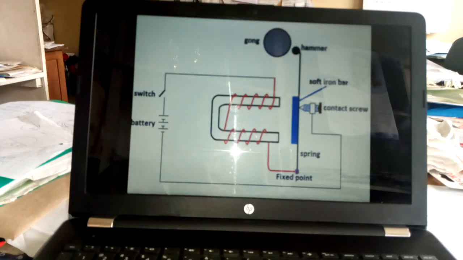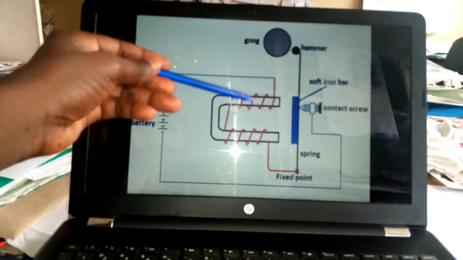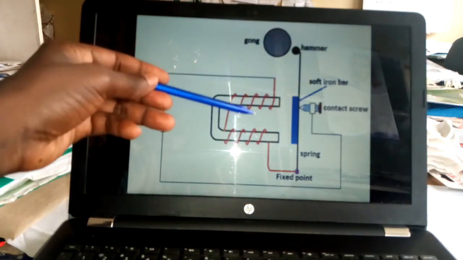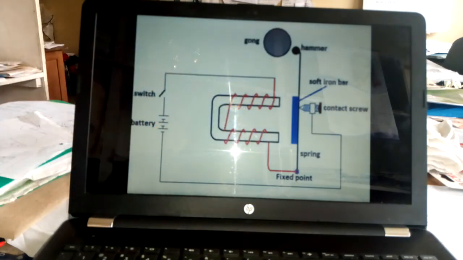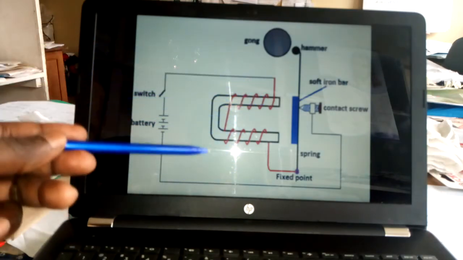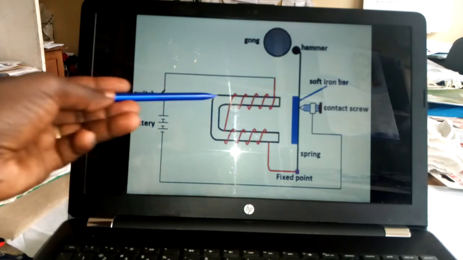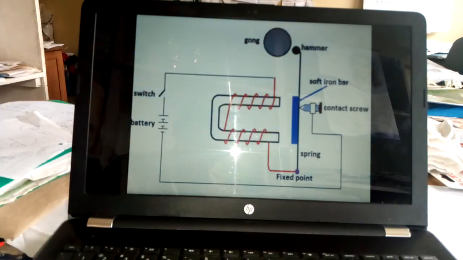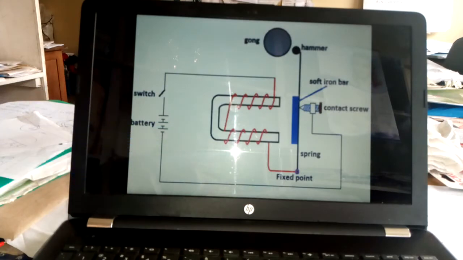Number 2, when this current now comes here, this will acquire magnetism. We talk of electromagnet. This U-shaped soft iron becomes an electromagnet.